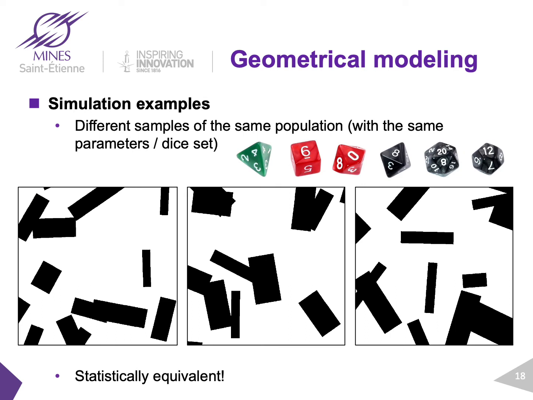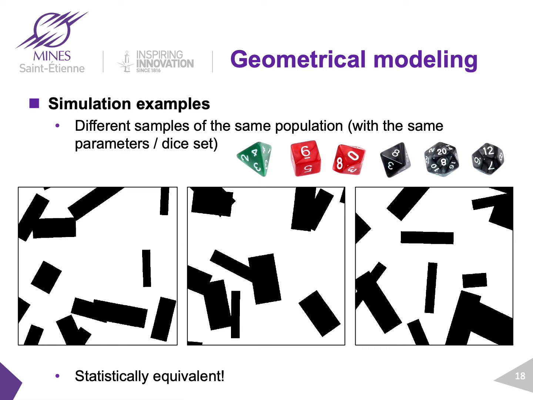And so this simulation I showed you before was just one realization of my geometrical model. For sure, if I play again with my dice, I will have a different simulation. So you can see here three different realizations of my geometrical model with exactly the same dice. Each time I throw my dice, as I told you, you get some random values.